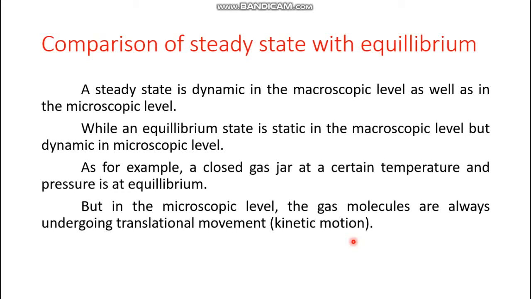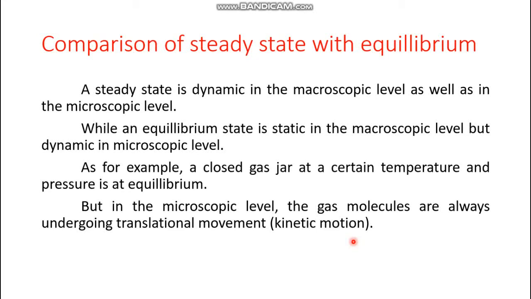That means the macroscopic level is static, it is not dynamic. But in the case of steady state, what we have learned is that both macroscopic and microscopic levels are dynamic, and the system is taking the help of some external agency.